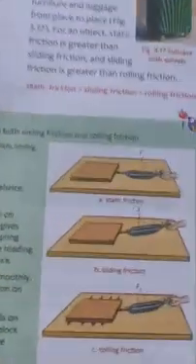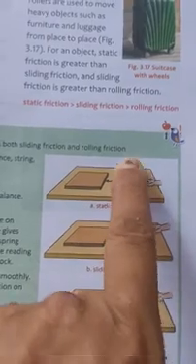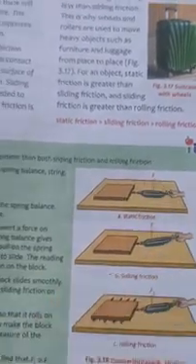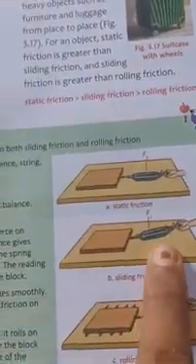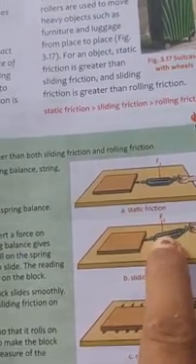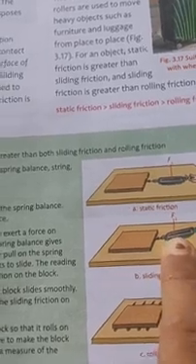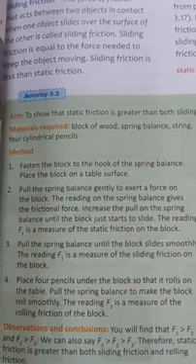Suppose when you pull with the help of the spring balance, the scale reads F1. Next, pull the spring balance again until the block slides smoothly. The reading F2 is a measure of the sliding friction. If you slide it this way, you will see that F2 gives the reading of sliding friction. The last one: take four pencils and lay them below the wooden block.